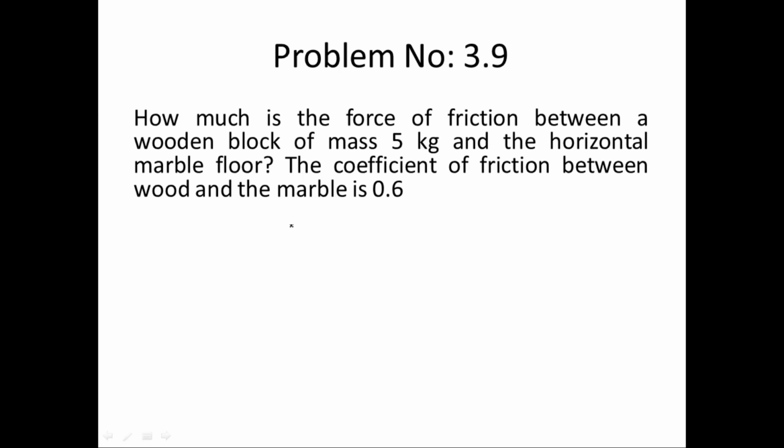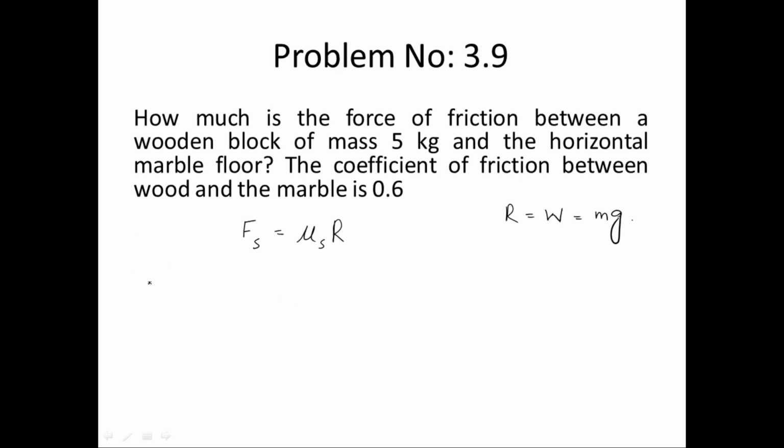To calculate the force of friction, we use the formula Fs, the force of static friction, is equal to the coefficient of static friction mu s multiplied by R. R is the reaction force. The reaction force is equal to the weight of the object, which is equal to m into g.